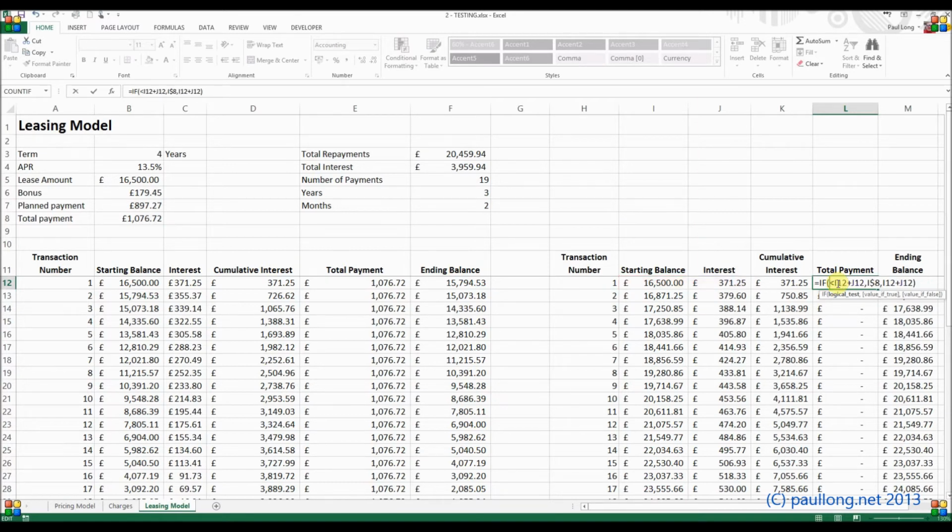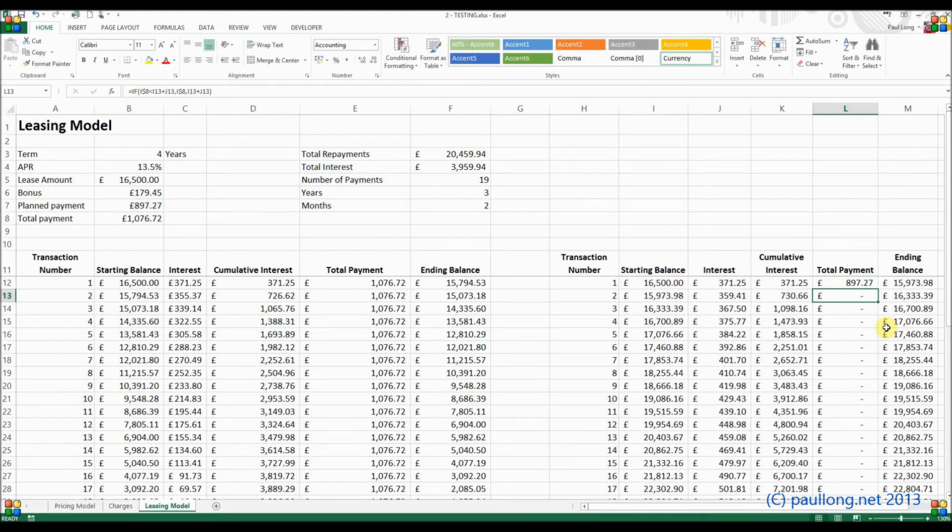We actually want this to refer to the planned payment, which is B7, which is very different. Now when we copy it down, we don't want number 7 to change, so we'll put a dollar in there. We've got the same issue here where I8 is being used again, so let's change that to B$7.